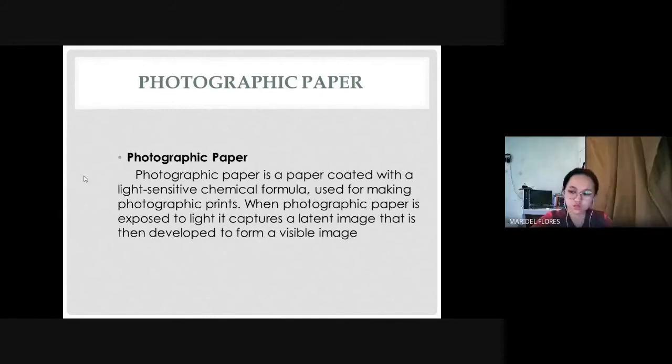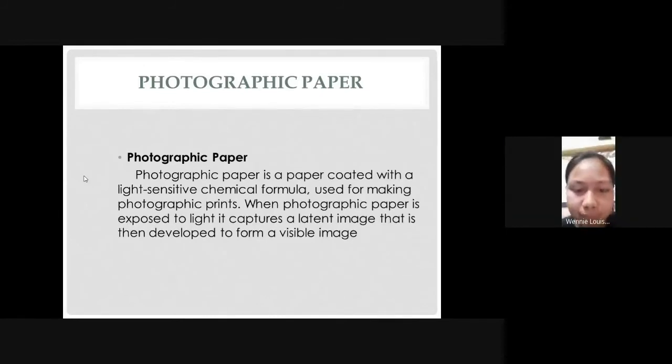My name is Fanny Lois Lutaro, and I will be the next reporter. So, photographic paper. Photographic paper is a paper coated with a light-sensitive chemical formula used for making photographic prints. When photographic paper is exposed to light, it captures a latent image that is then developed to form a visible image.